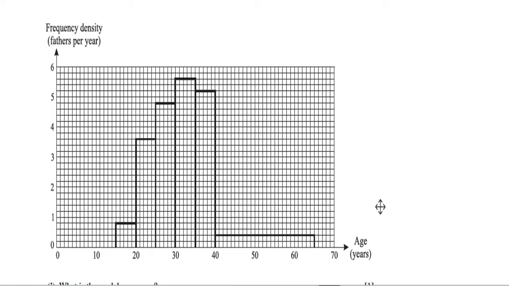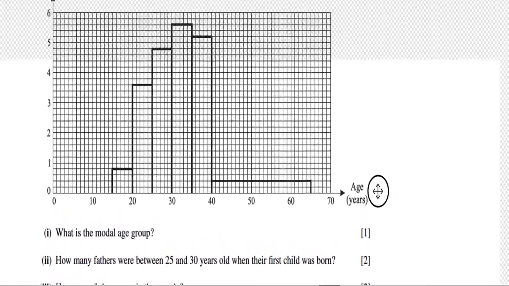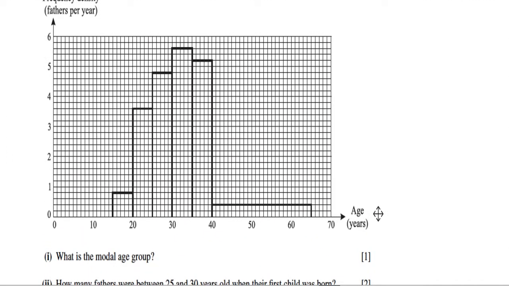The first question: what is the modal age group? We can see that the modal age group is the one with the tallest bar, not the highest, the tallest bar.